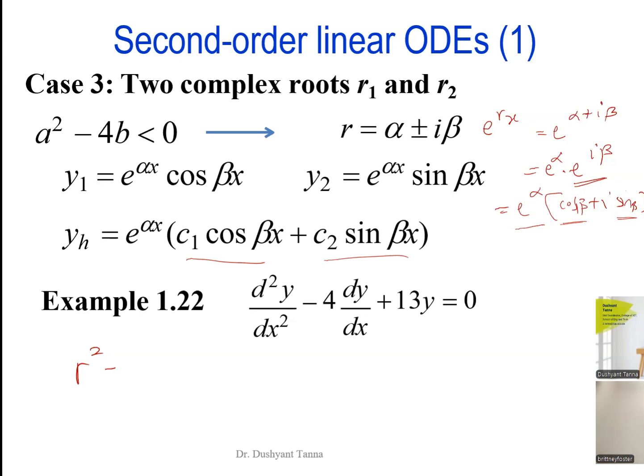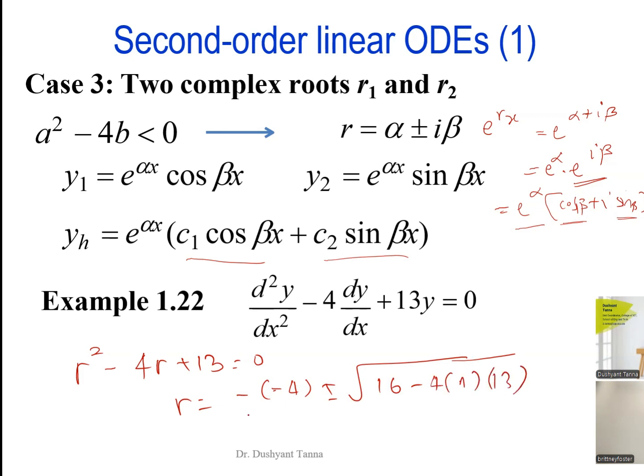Okay. Now, r squared minus 4r plus 13 is 0. That's a quadratic equation. We go for r equals minus b plus or minus square root of b squared minus 4ac, over 2a.